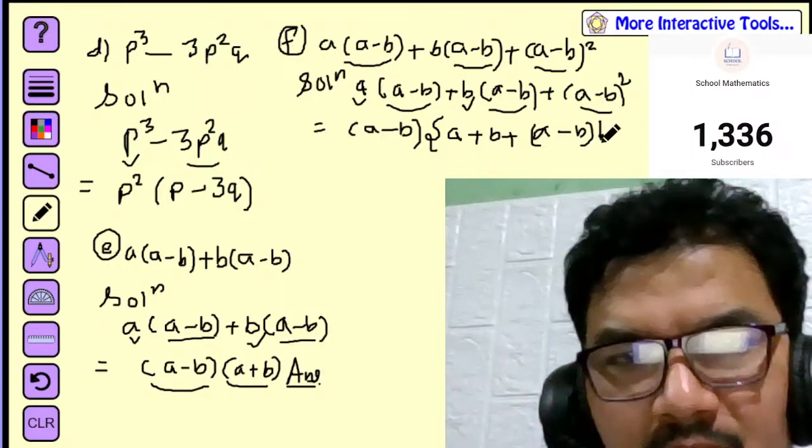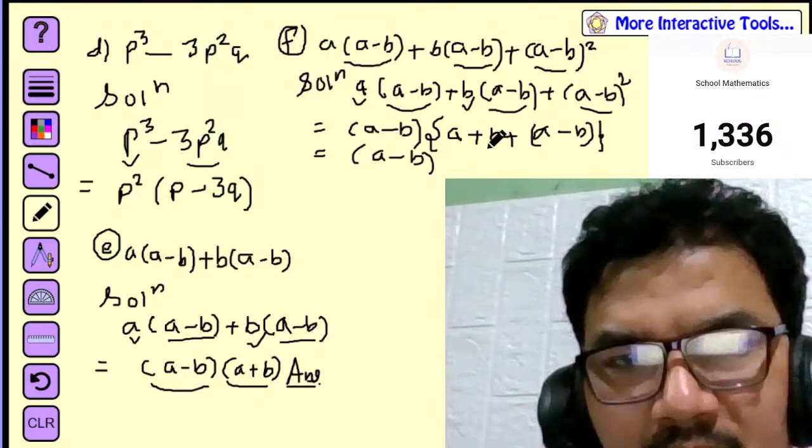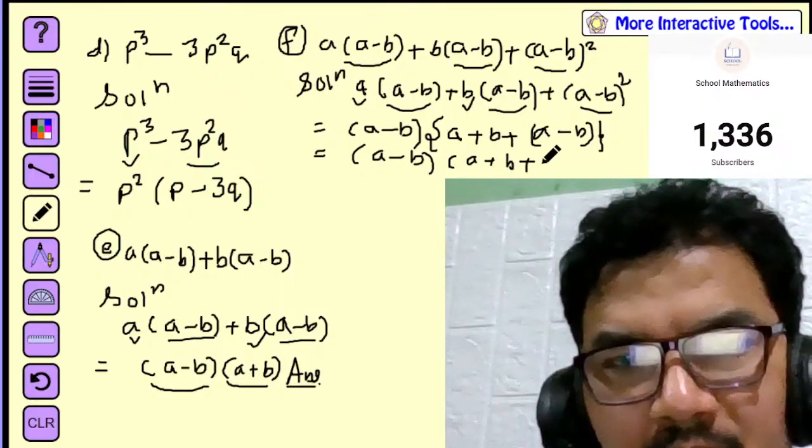Now let's remove the bracket. What comes here? Look, a minus b, and remaining here is a plus b plus a minus b.